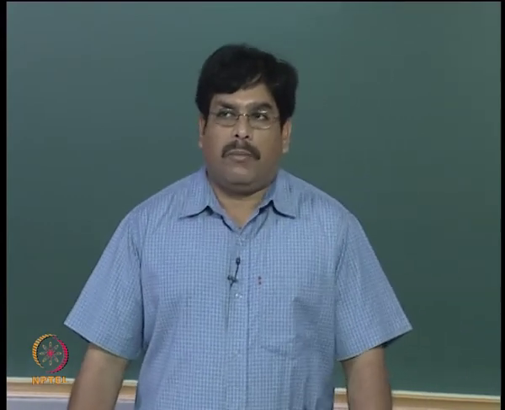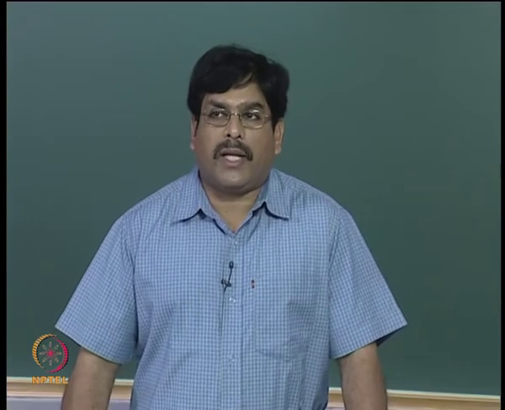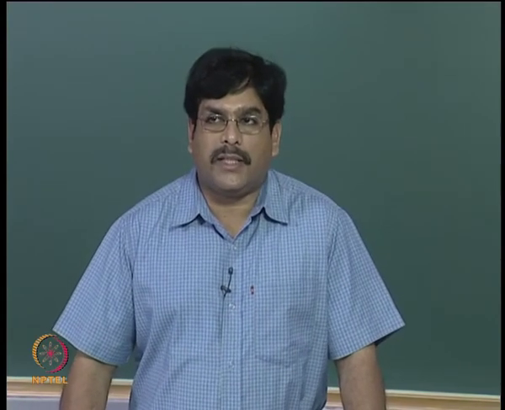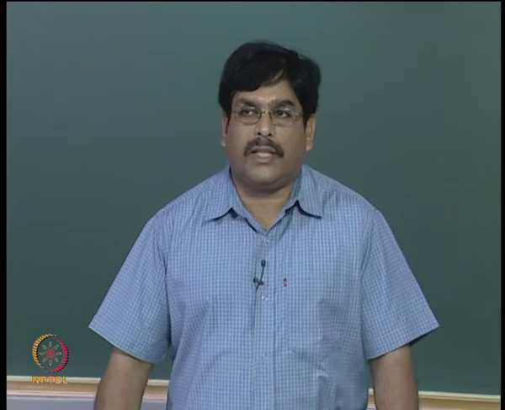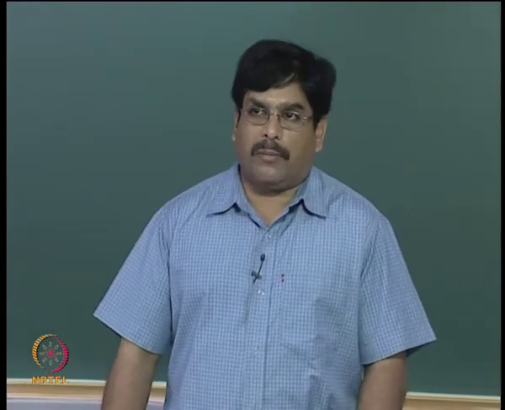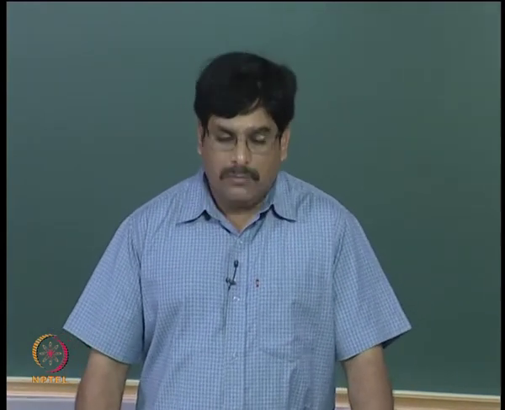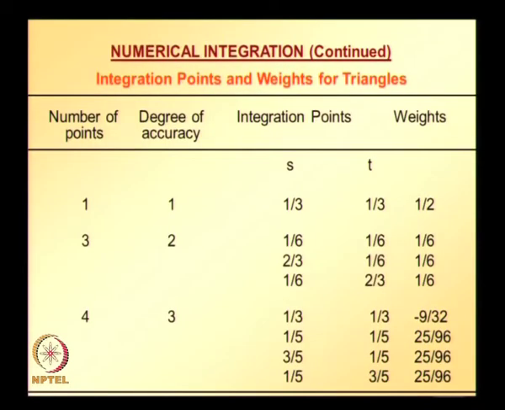plus evaluate the integrand at 2/3 and 1/6 and multiply with weight 1/6, plus evaluate the integrand at 1/6, 2/3 and multiply with weight 1/6, and sum up all the contributions from all the 3 points.